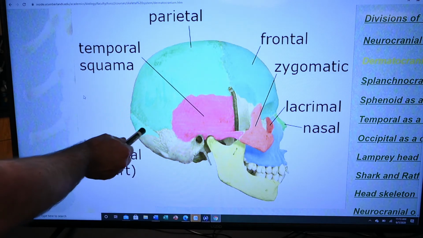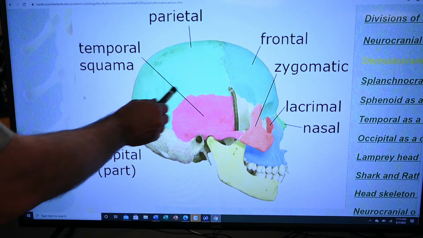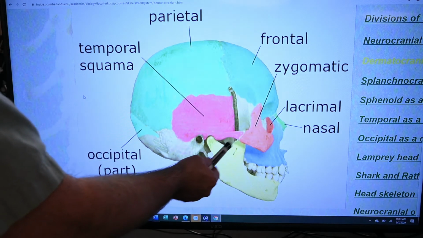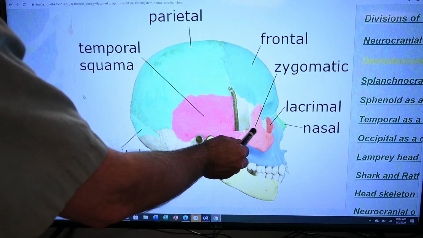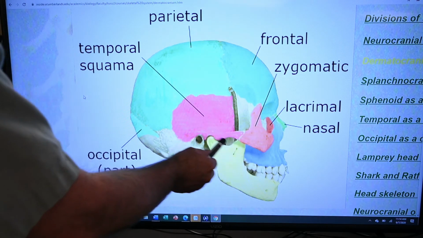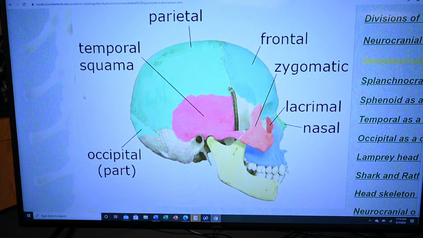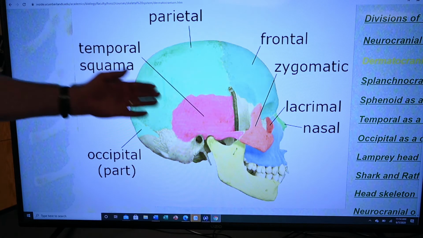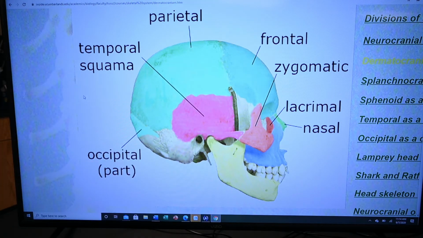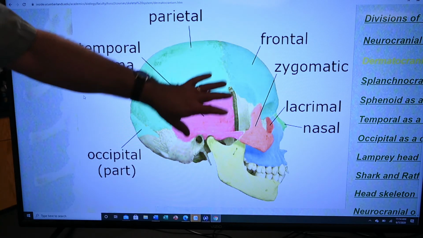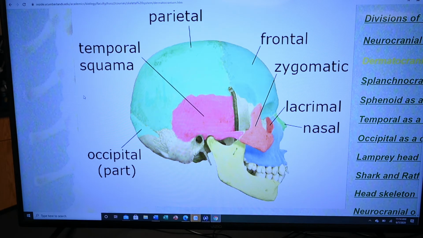So this is neurocranial down there. So this is dermatocranium, this, and this. And then along the side, we have the lacrimal, we have the zygomatic bone or cheekbone in there, and then this portion, just part of the temporal bone, the temporal squama, or the flat part on the side of the head. So those are the roofing bones of dermatocranium.